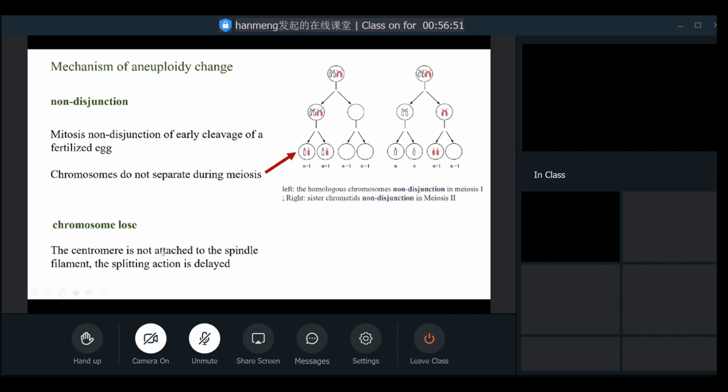But if the centromere is not attached to the spindle filament, then the chromosome will not separate into two daughter cells. So the chromosome is left in the cytoplasm, then it will be degraded, and finally this chromosome is lost.